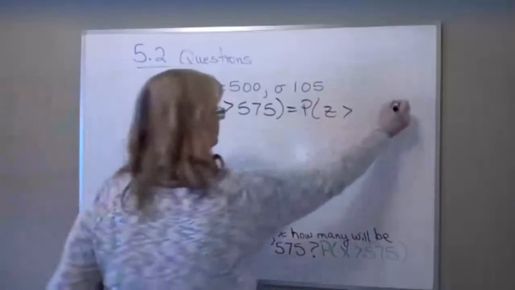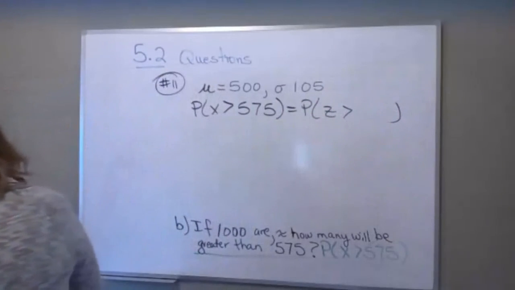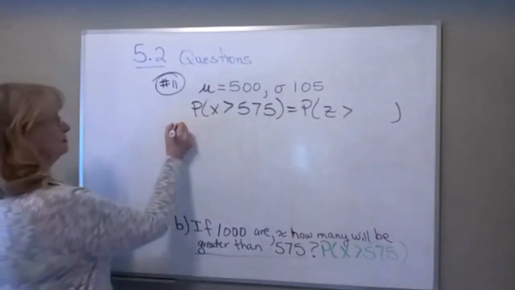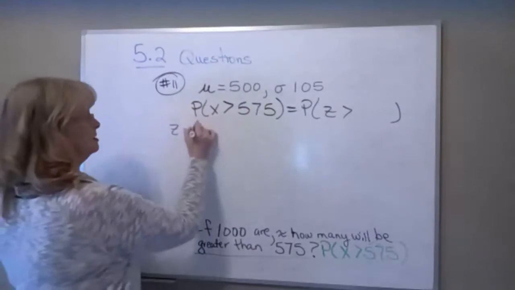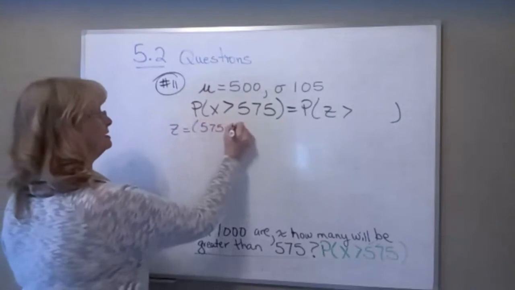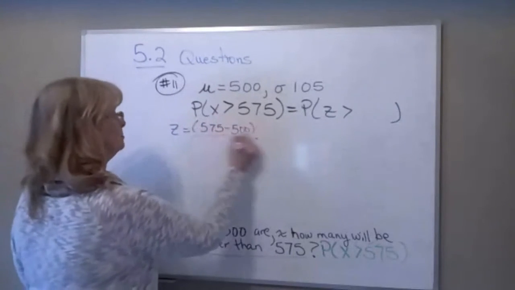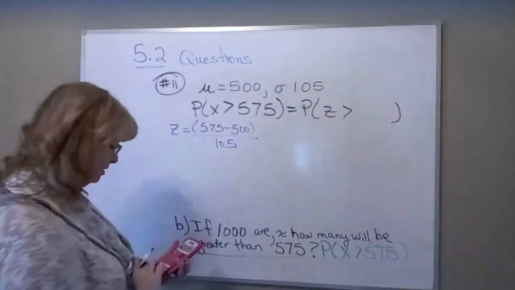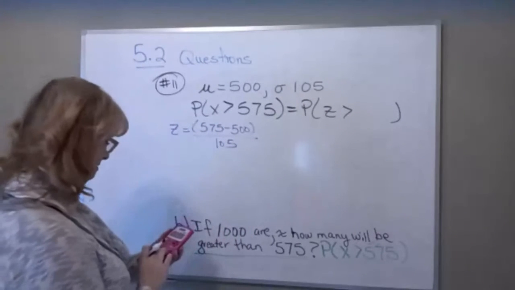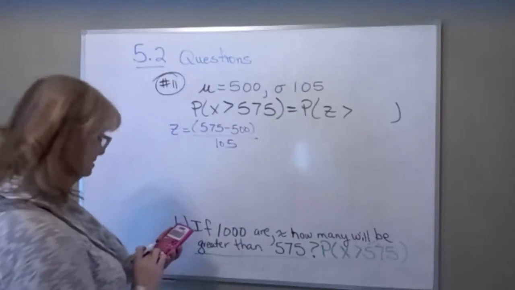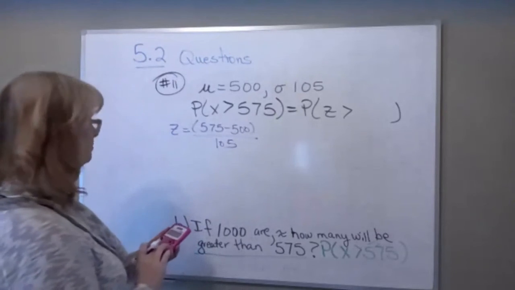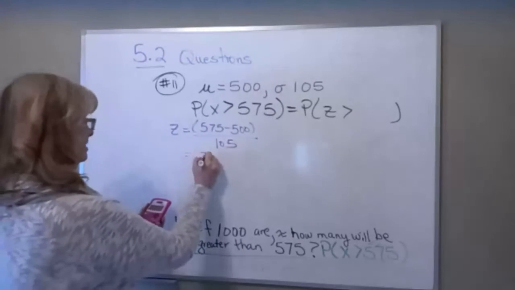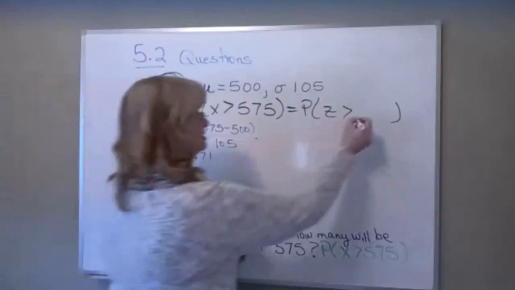then I need a Z-score for 575. (575 minus 500) divided by 105. So let's make sure all along the way that your different parts are right. 575 minus 500 divided by 105, and that should be 0.71. Is that what you got for the Z-score? Yes.